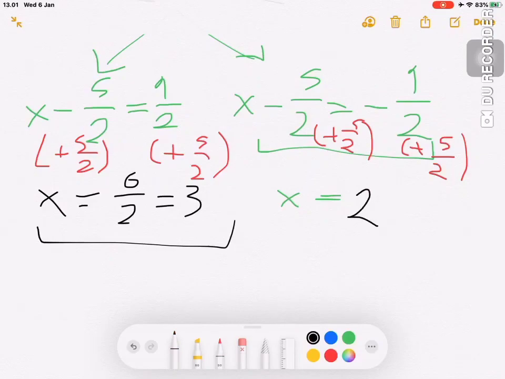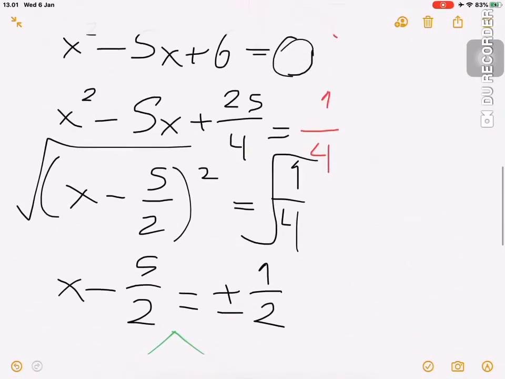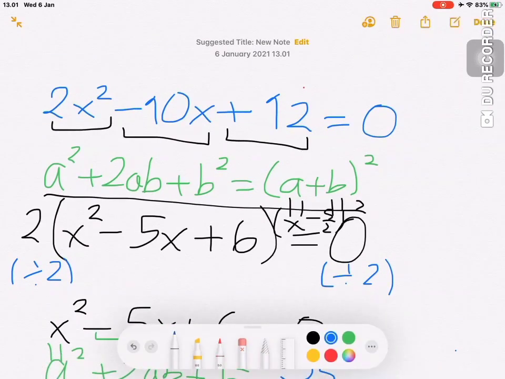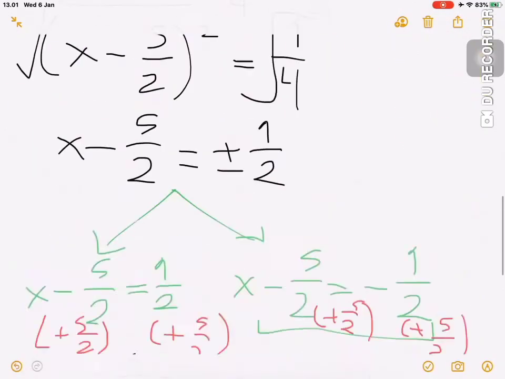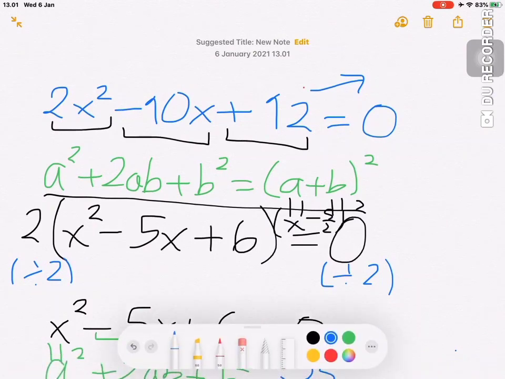Let's add 5 halves to both sides, we get x equals 6 over 2, which is just 3. So, our first answer.